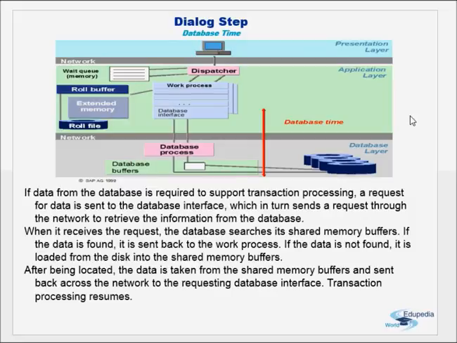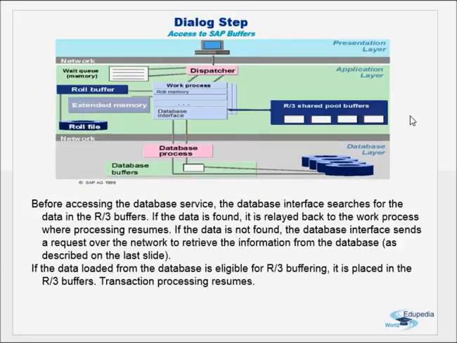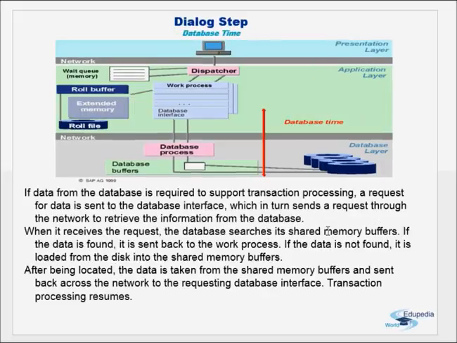You have to check why it's so high, but ideally it is less than or equal to 40% of the total time. The next one is access to SAP buffers. Why does it have to make a database call? Because the data is not there in the SAP buffers. If the data is there in the SAP buffers, then there is no need to make a call to the database.